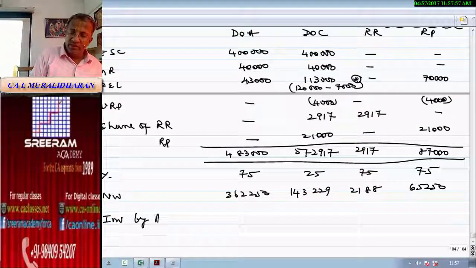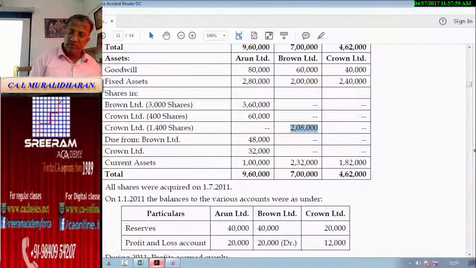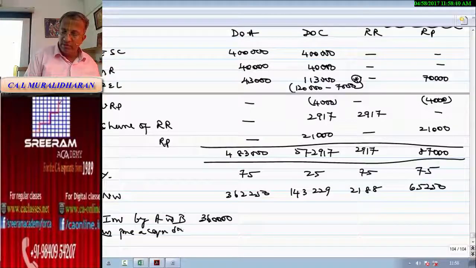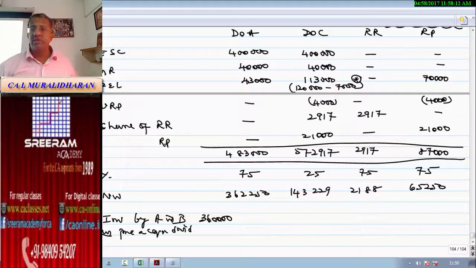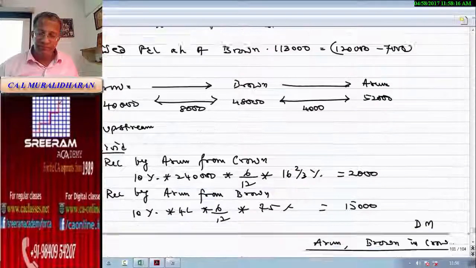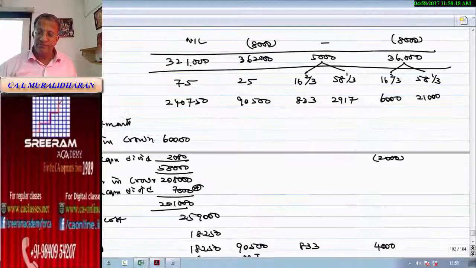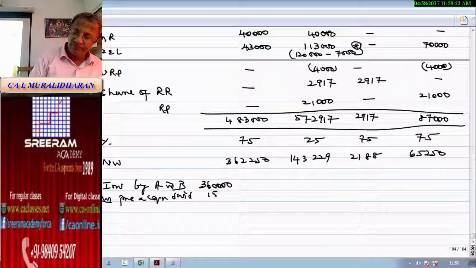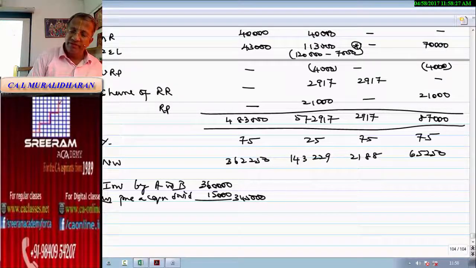Investments by A and B: 3 lakh 60,000 less pre-acquisition dividend. How much is the pre-acquisition dividend? A from B, 15,000. 3 lakh 45,000.